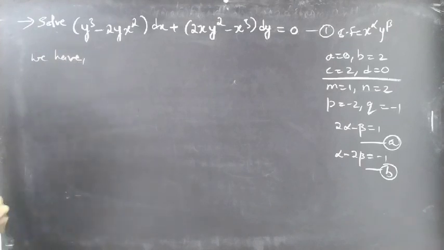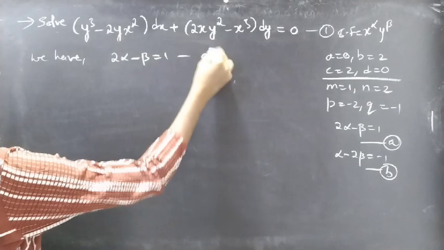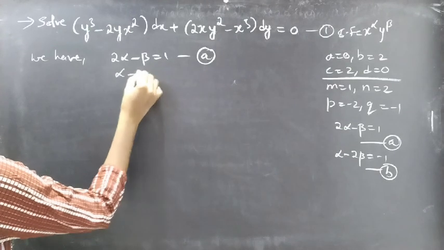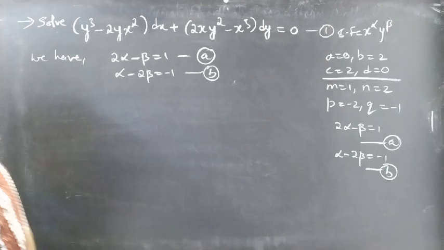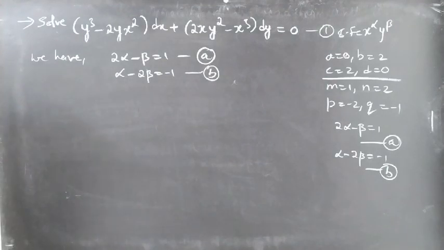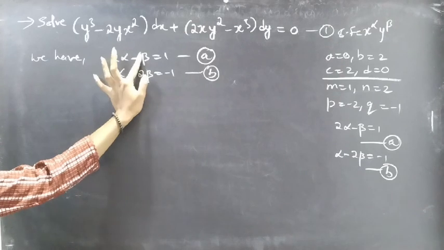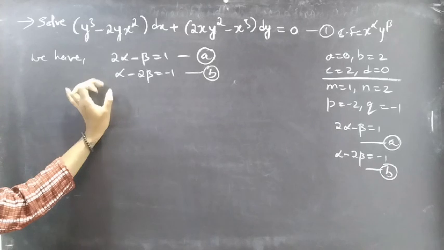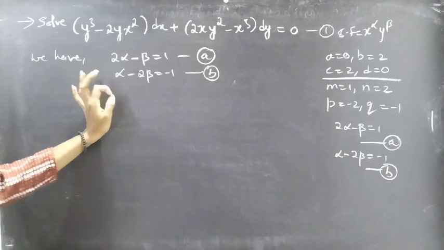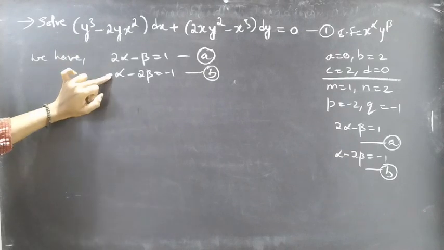We have 2 alpha minus beta equal to 1, equation A, and alpha minus 2 beta equal to minus 1, equation B. In order to solve the two equations, we need either a 2 in beta or a 2 in alpha, I mean in first term of second equation, right. In order to cancel alpha, we need 2 here, right.